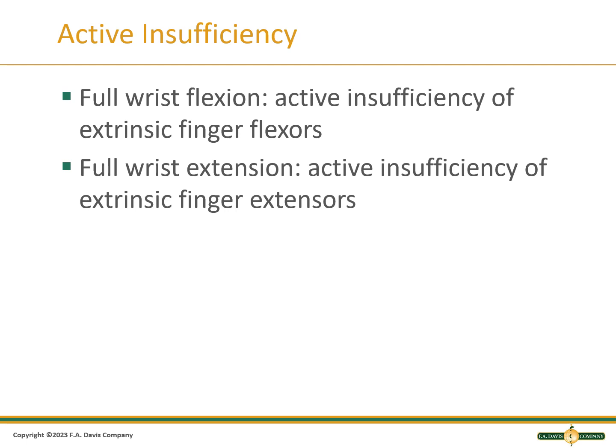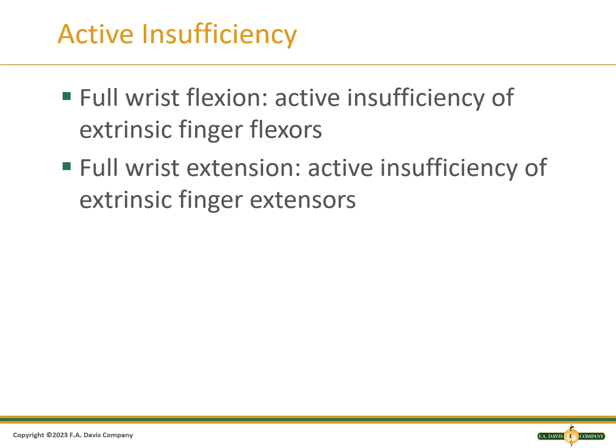Because we have finger flexors that cross the wrist and also cross the elbow, we know we have limited impact on the elbow, but we do have the influence of active and passive insufficiency. So we see active insufficiency with full wrist flexion. We get active insufficiency of the extrinsic finger flexors.